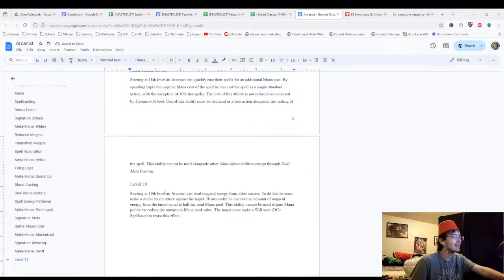So hold on, let me actually read this. Starting at 19th level, an Arcanist can steal magical energy from other casters. To do this, he must make a melee touch attack against his target. If successful, he can take an amount of magical energy from the target equal to half his total mana pool. This ability cannot be used to gain mana points exceeding the maximum mana pool value.